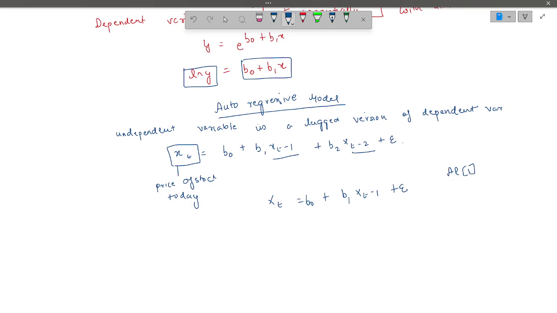Why is there only one lag in here? Because we are using yesterday's stock price to predict today's stock price. So there is only one lag, right? We are using the first lag of the dependent variable as the independent variable.